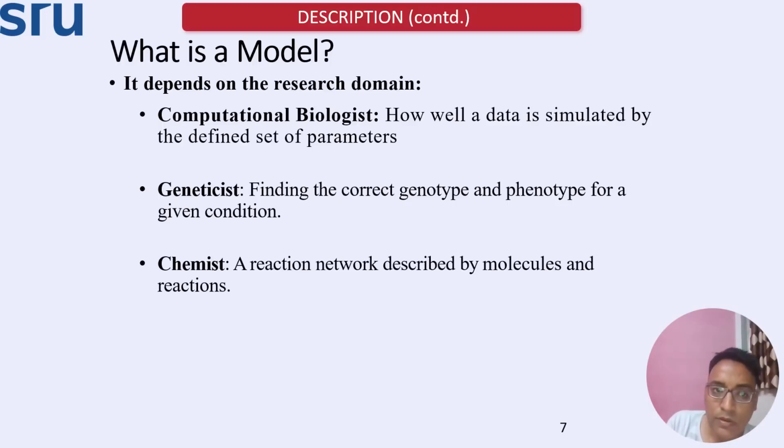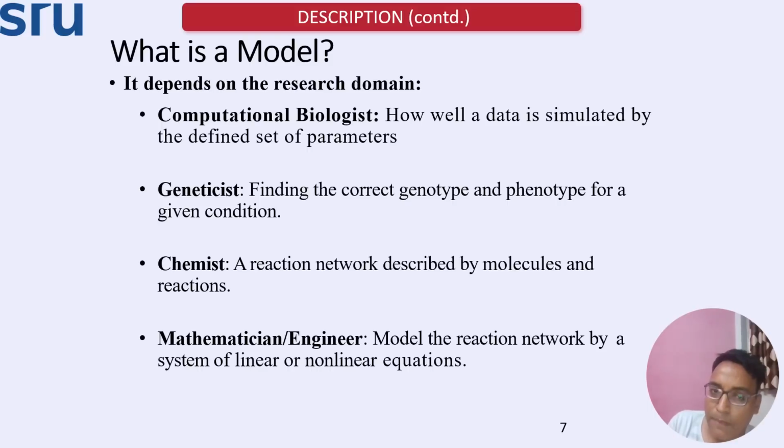For a chemist, it just means the reaction network. What is the metabolic network altogether? Molecules defined by different reactions. So it just means the complete metabolic network or reaction network. It has nothing to do with any other things.